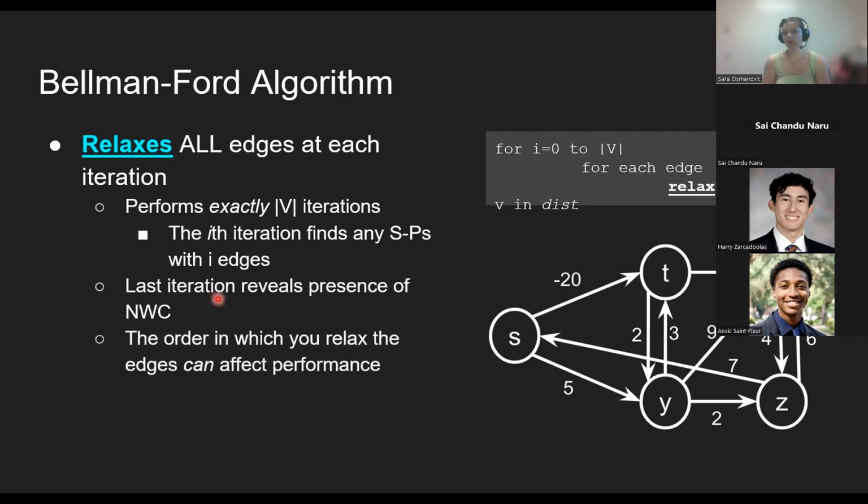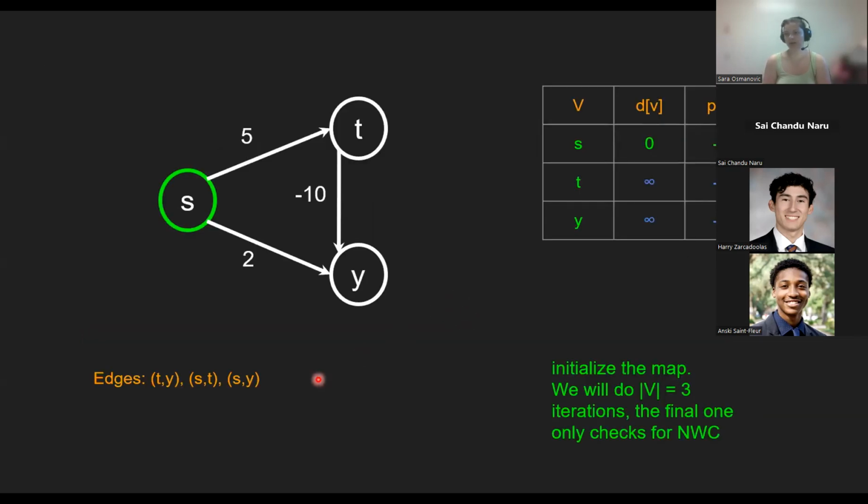The order in which you relax the edges can and will affect the performance. And I want you guys to remember this. This is important. Your implementation, i.e. the order of the edges that you visit, will change the way your algorithm performs.